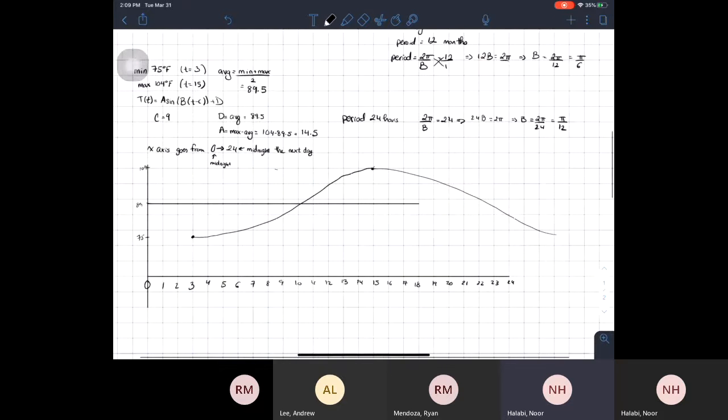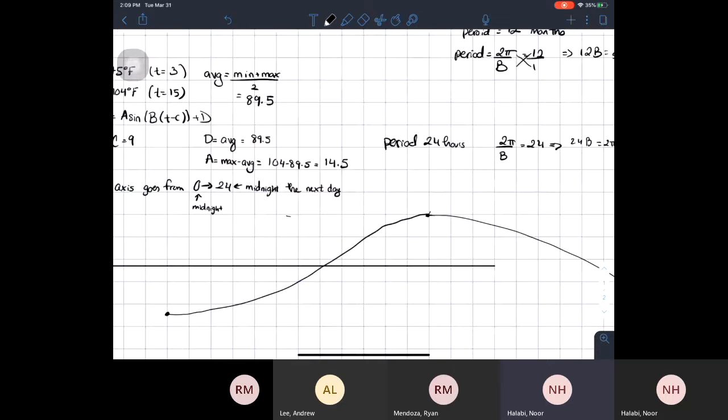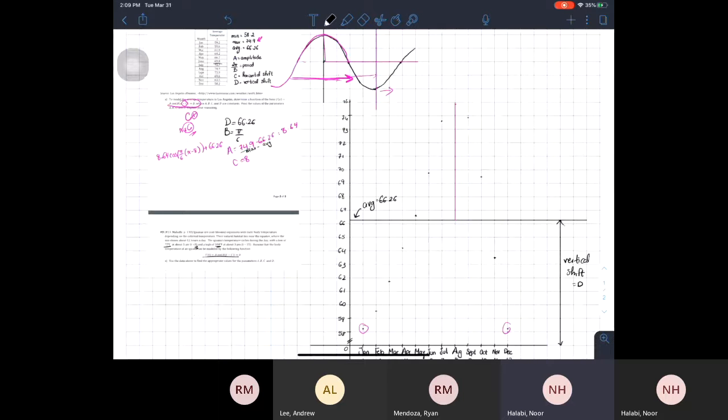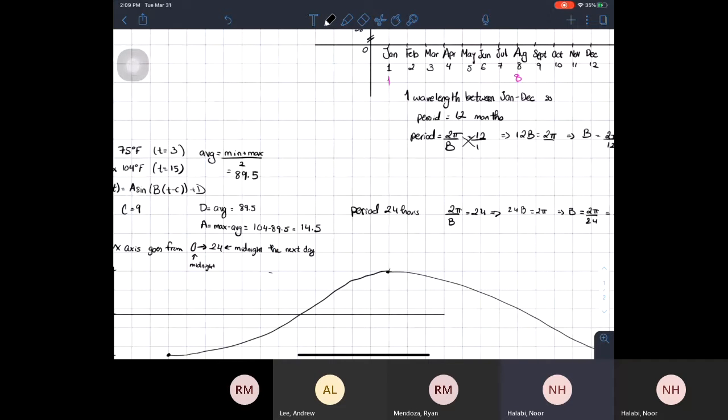The amplitude is the same because it's symmetric. I took my maximum value and subtracted my average, just like I did here: 74 minus 66 to get my amplitude. With the same process, I got an amplitude of 14.5. So these were the two easier constants, and that was done.